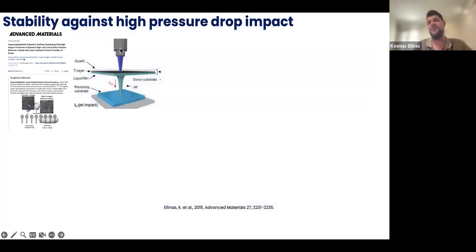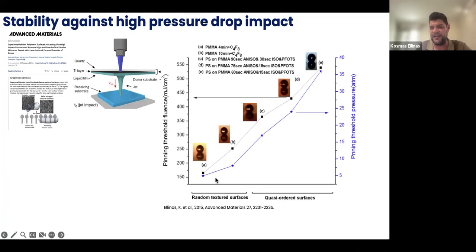So in this work, we had a laser beam focusing on a donor substrate covered with a liquid, and this laser beam created a jet. This jet hit the surface with a very high velocity. And you can see that depending on the pressure, we can have stability of this wetting behavior up to 35 atmospheres.